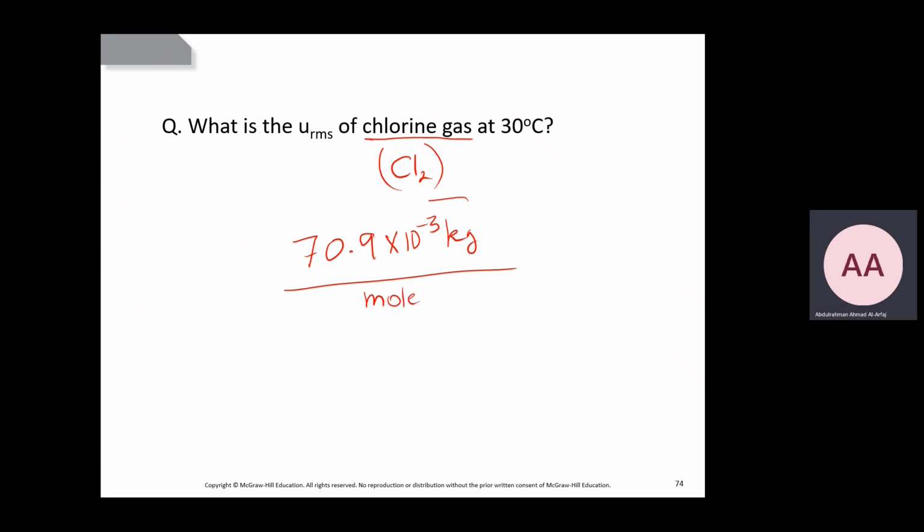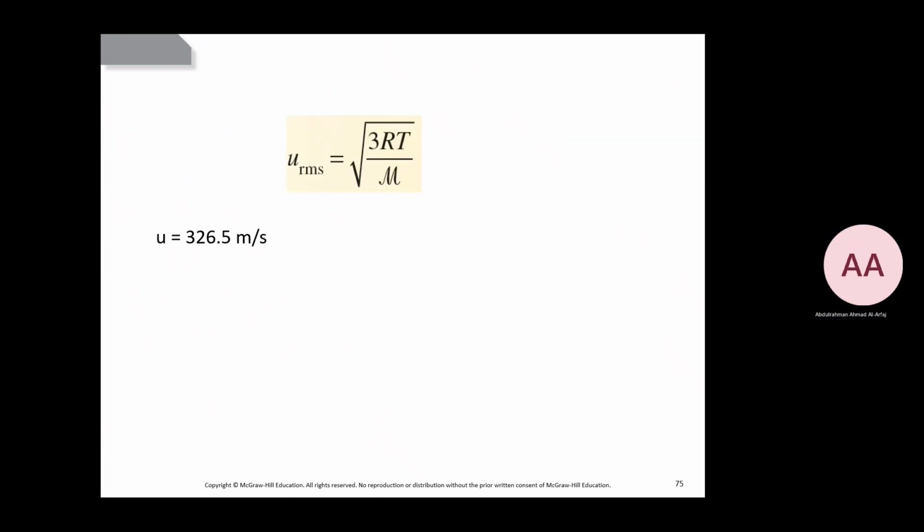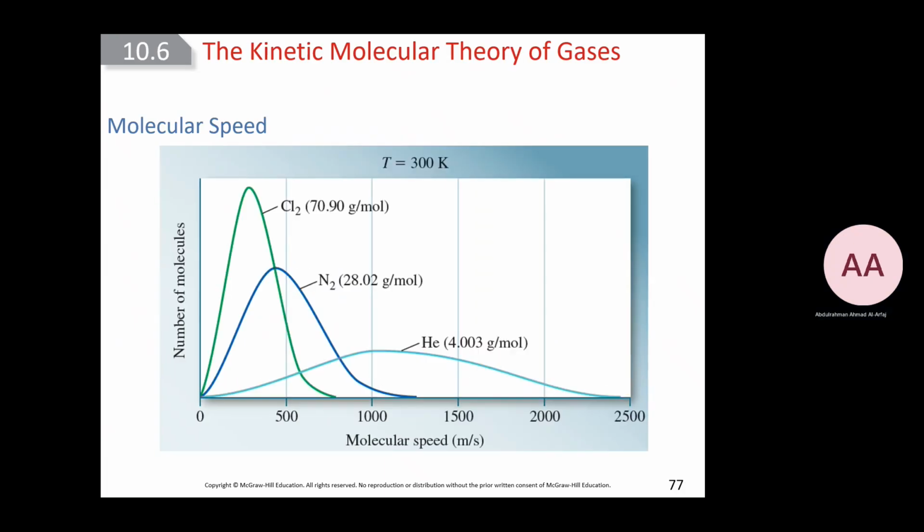Now use this mass in the equation, URMS equals what? 3RT over the molar mass, but in kilogram, and that's why you should use this mass. Good, this is the answer.